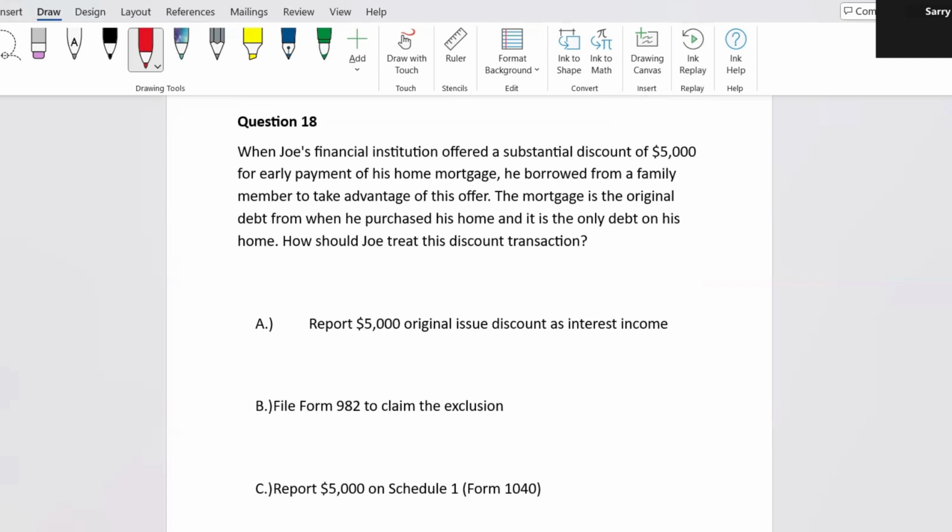So sometimes you'll see this on the enrolled agent exam. Sometimes there'll be situations where a lender will say, if you pay off the mortgage, there's a discount. So this is essentially similar to a cancellation of debt. Let's just say, for example, somebody had a loan with a company for $10,000, and then you call the company and say, hey, I want to settle, or the company gives you the offer to settle, and they say, just give us half of it, just give us half the debt.